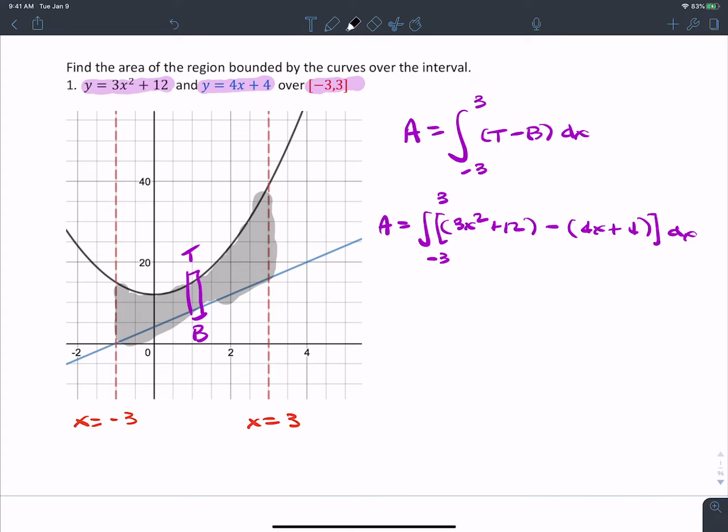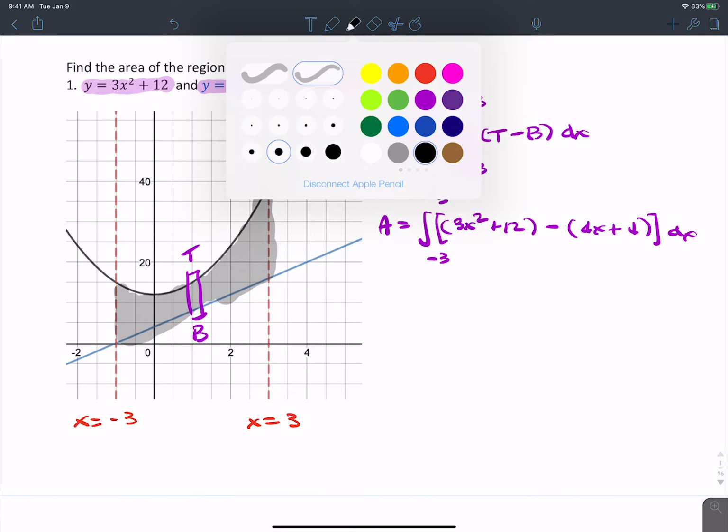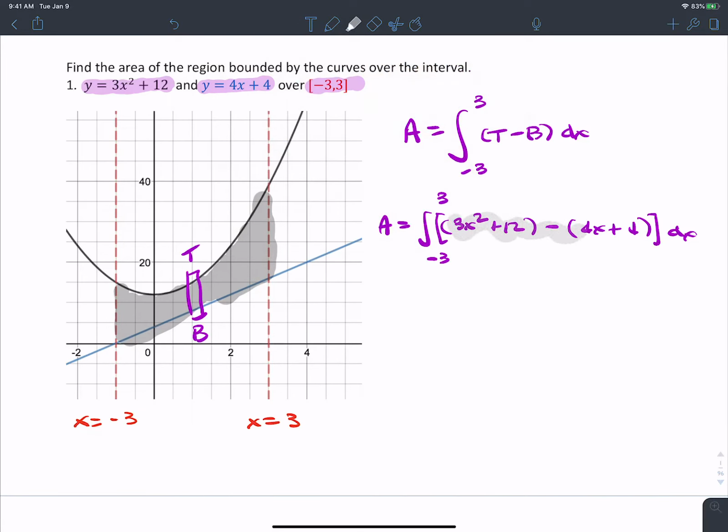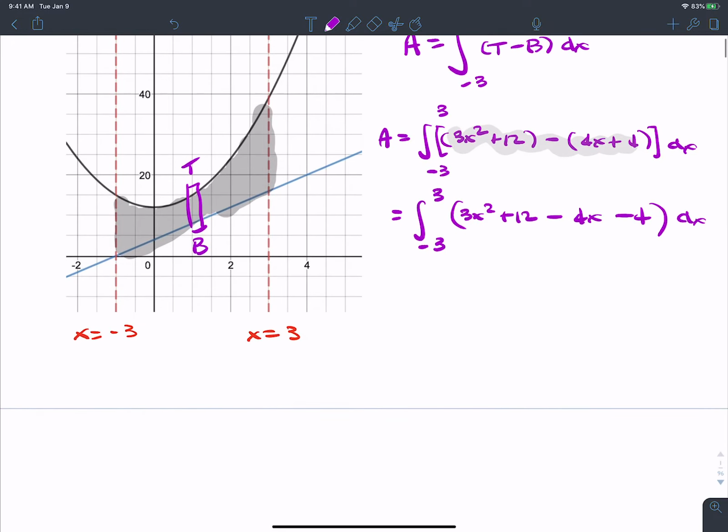Okay, so in the middle here, you're going to have some algebra to do. So we're going to have to distribute, and we get the integral from -3 to +3, 3x squared plus 12 minus 4x minus that 4, and just combine your like terms.